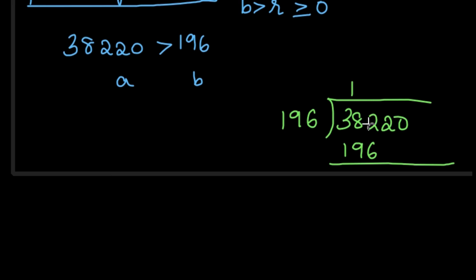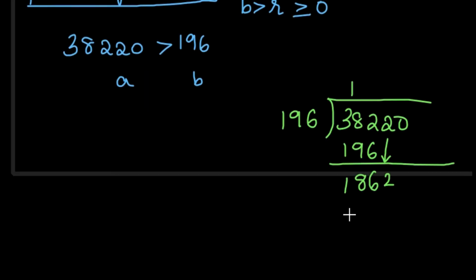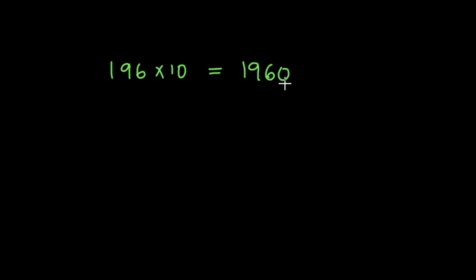Subtracting, this will be 12. 12 minus 6 will give you 6. 17 minus 9 will give you 8. 2 minus 1 will give you 1. Now this number comes over here, 2. Now 196 multiplied by 10 will give you 1960. Now this number is near to 1960.